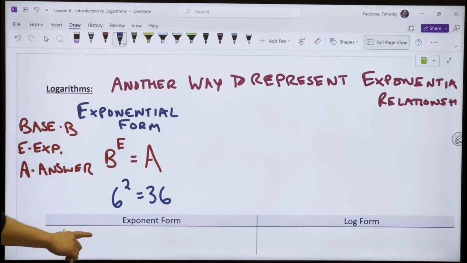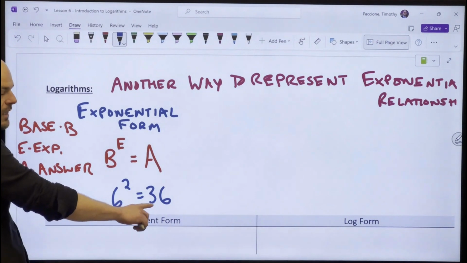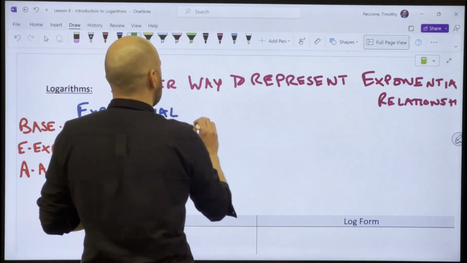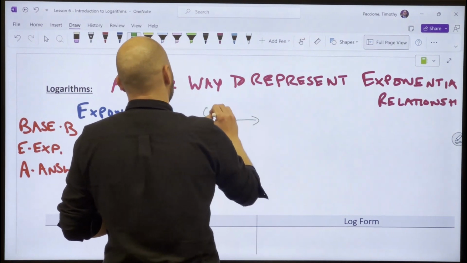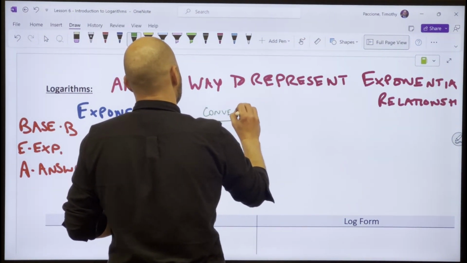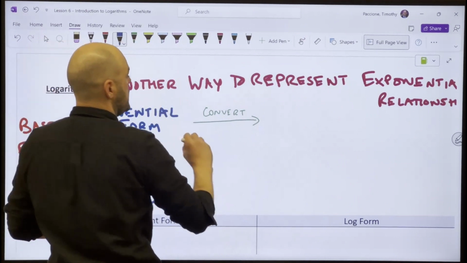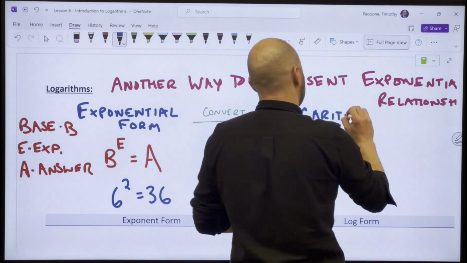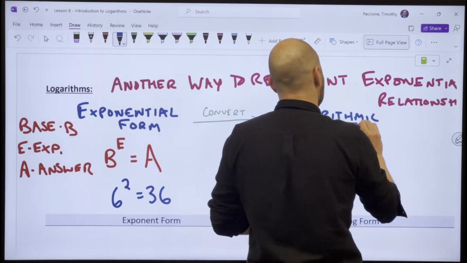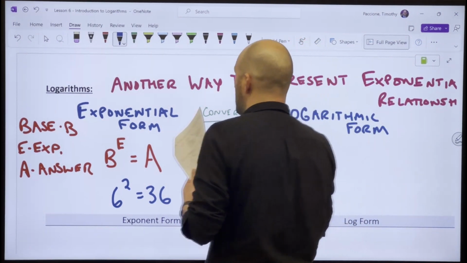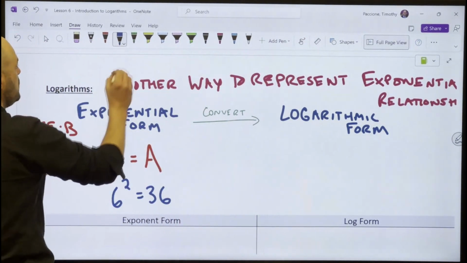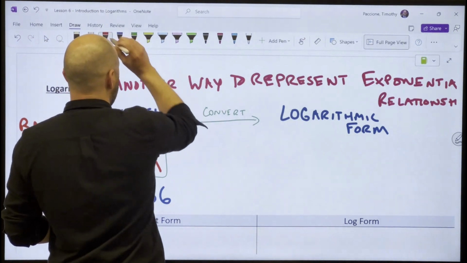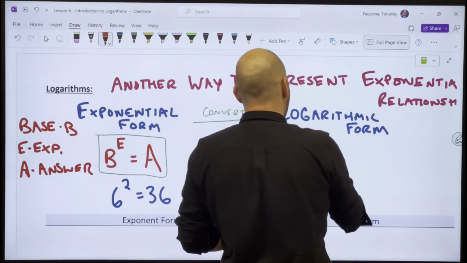But we talked about, well, what if this is an x and this isn't so friendly? We got to get it out. So what we do is we convert it to its other form, which is logarithmic. And it's got all the same pieces, okay? This is our exponential. And then our logarithmic, we would say log.